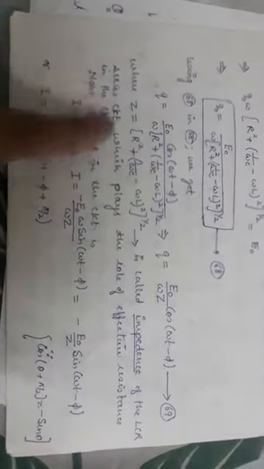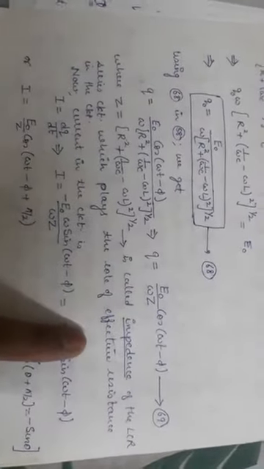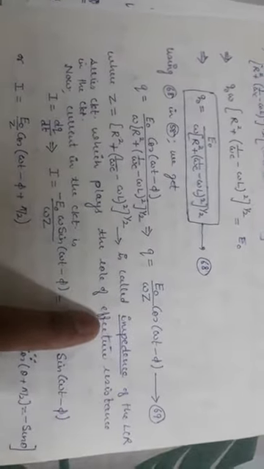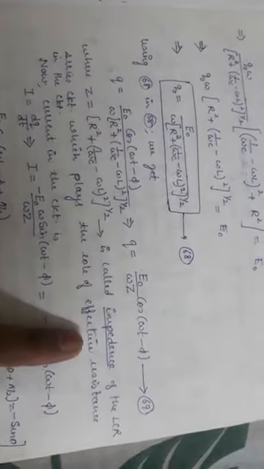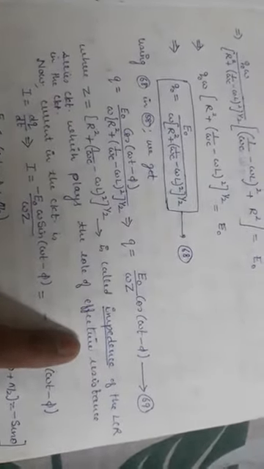What you now have to do is keep E naught as it is, cos omega t minus phi as it is, divided by omega. Put this whole bracketed quantity as Z, where Z is known as the electrical impedance, or simply the impedance of the LCR circuit. It plays the role of effective resistance to the circuit. I think you must know the difference between resistance and impedance. Resistance is simply the opposition offered by the conductor to the flow of the current.